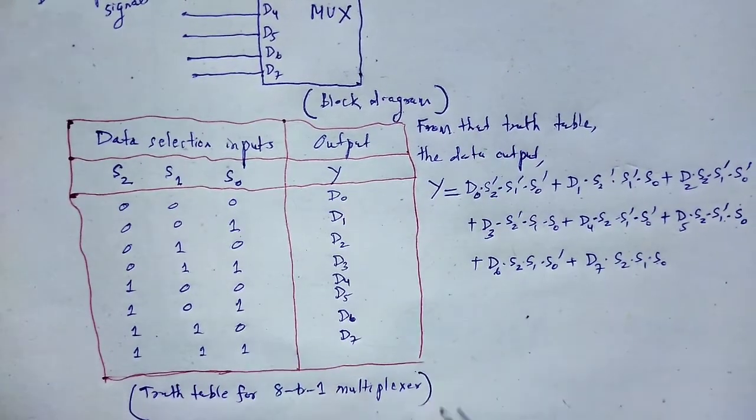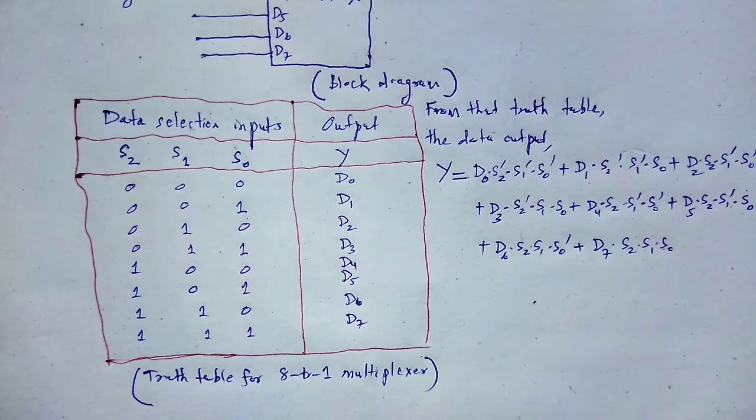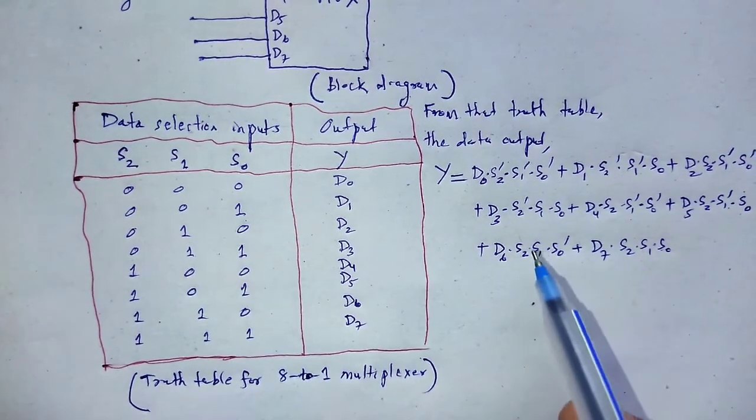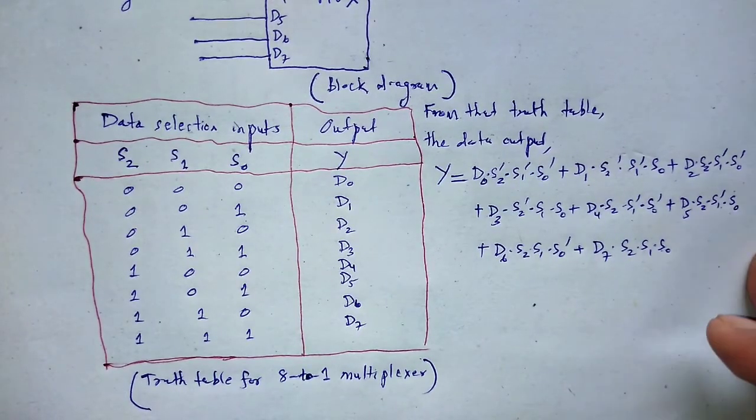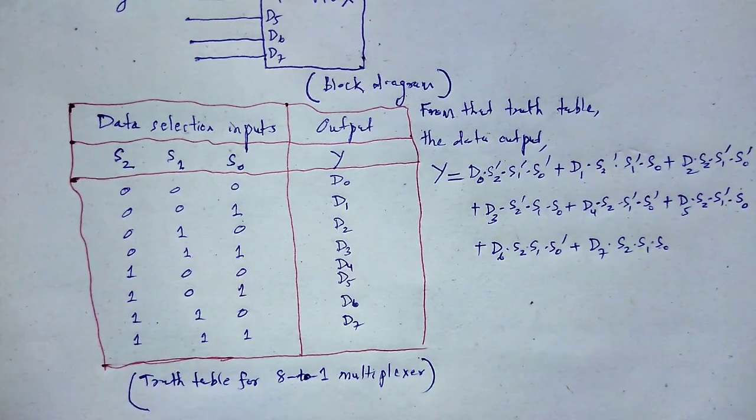Now we can construct the logic circuit for 8 to 1 multiplexer by using that particular Boolean expression.